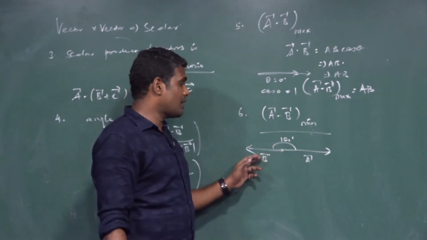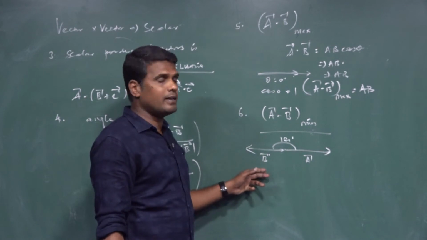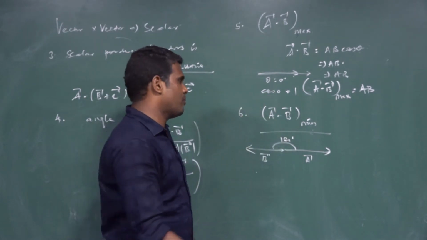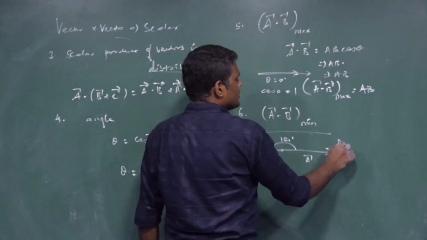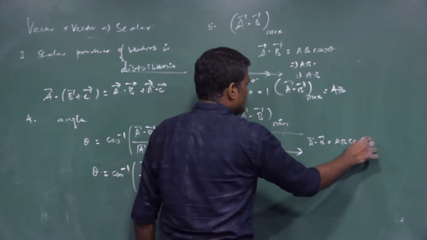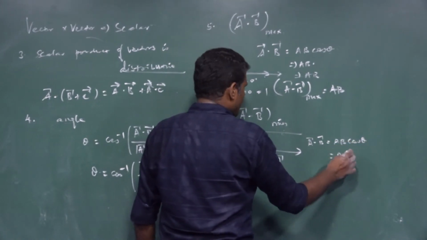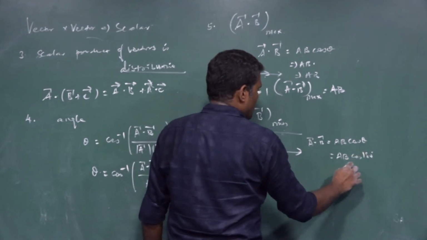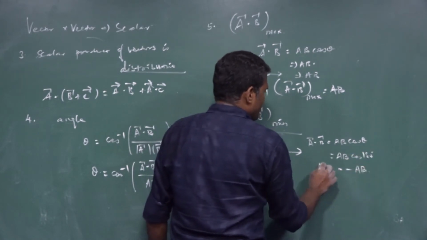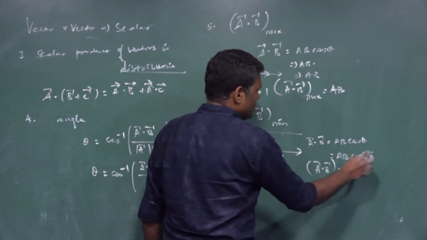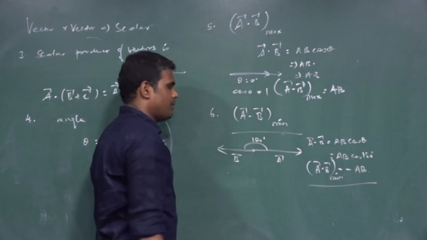How? We can write A vector dot B vector is equal to AB cos theta. So this is AB cos 180. Cos 180 is minus 1. So minus of AB. So A vector dot B vector is minimum, which is equal to minus AB.